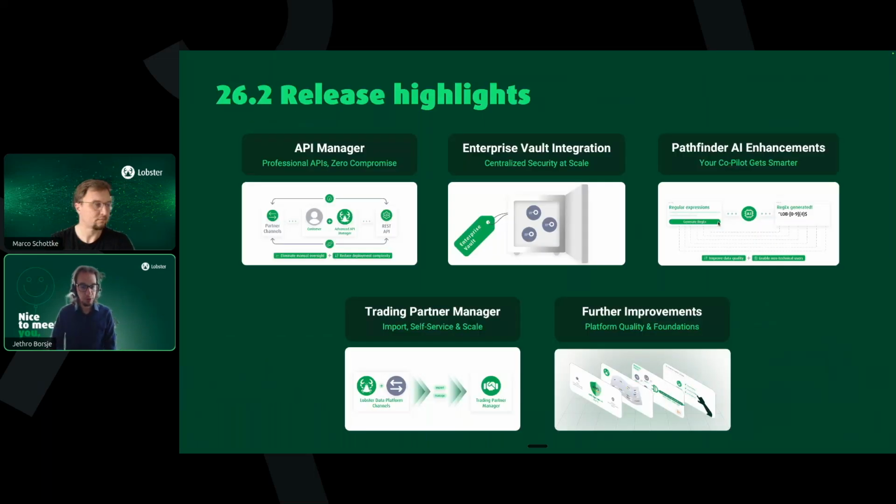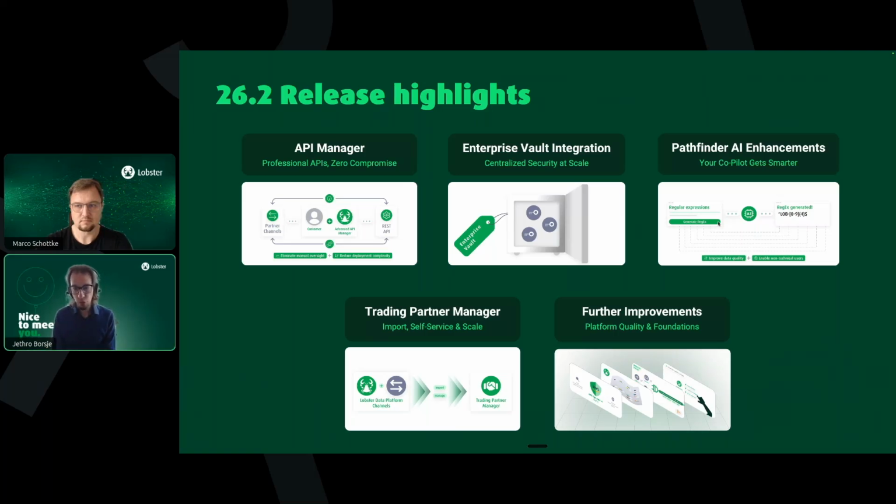We have 4 topics today which we want to dive deeper on. The first one is API Manager. So we released a capability which allows you to publish REST APIs, including things such as role-based access control, versioning, and policies around the number of requests, so rate limiting. Secondly, we will talk about our enterprise vault integration, which allows you to store your secrets, so passwords and certificates, in a third-party vault while still using them in the data platform.